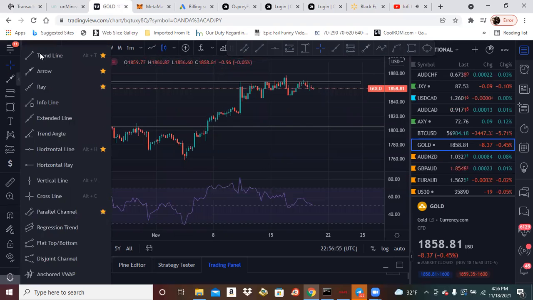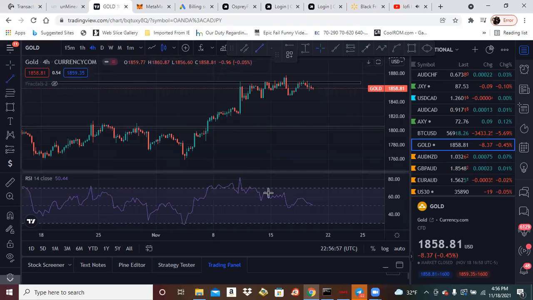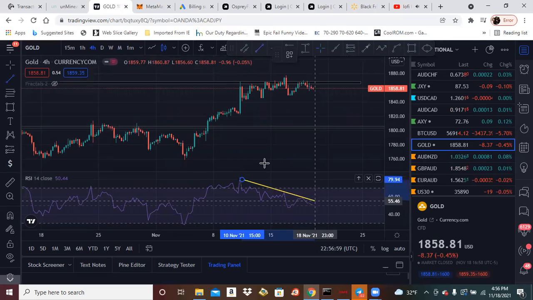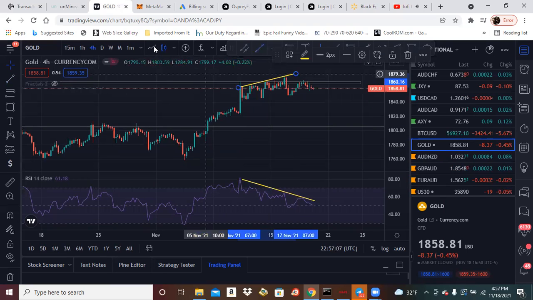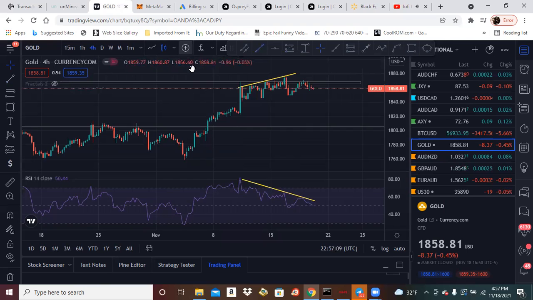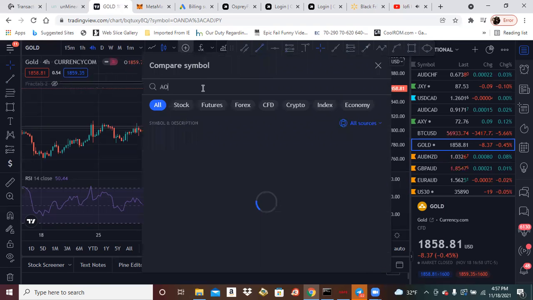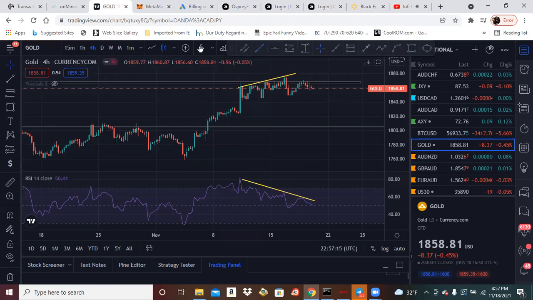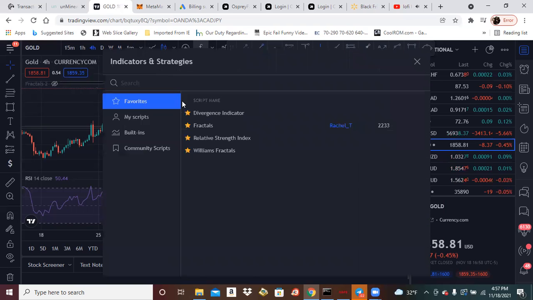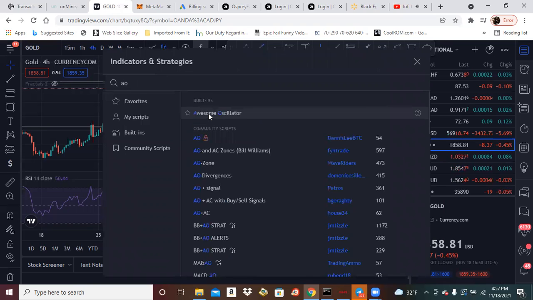All right. Bona fide divergence. RSI is making lower lows while price is making higher highs. Let's get one more oscillator in there to confirm. I always use one more oscillator, which is my Awesome Oscillator by Mr. William Fractals.